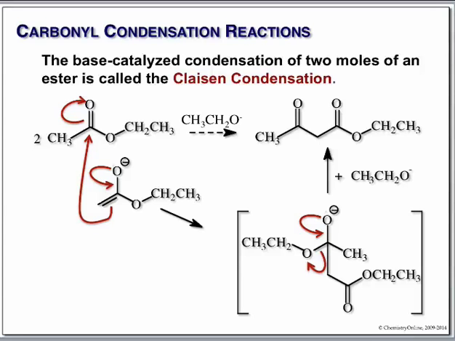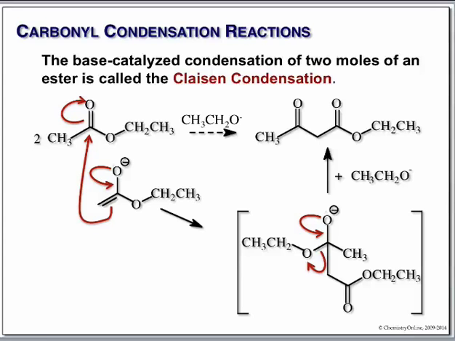Now we'll talk about the decarboxylation of ethyl acetoacetate later. But this is the classic Claisen condensation. Just like the aldol, same basic mechanism, except we're using esters instead of aldehydes or ketones.